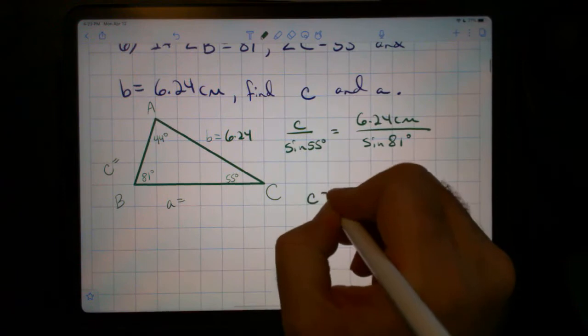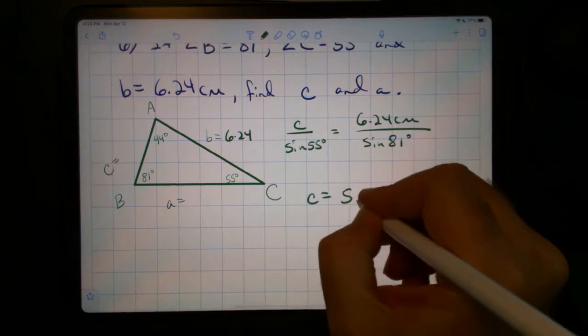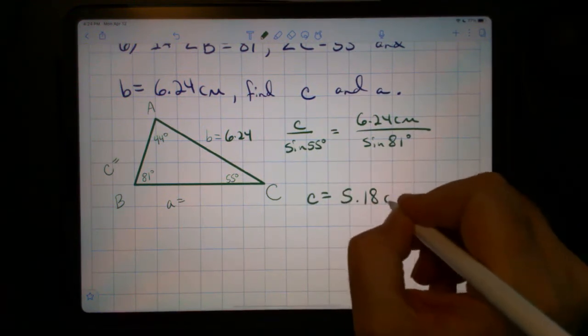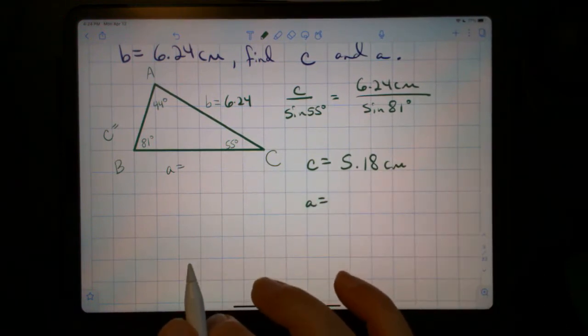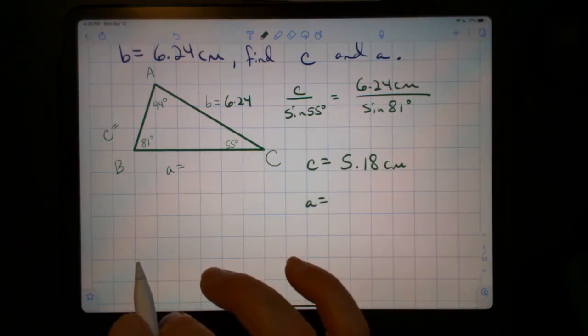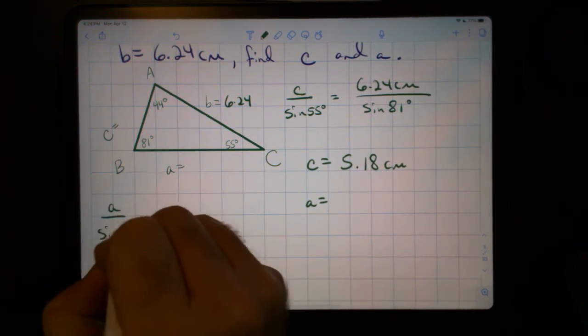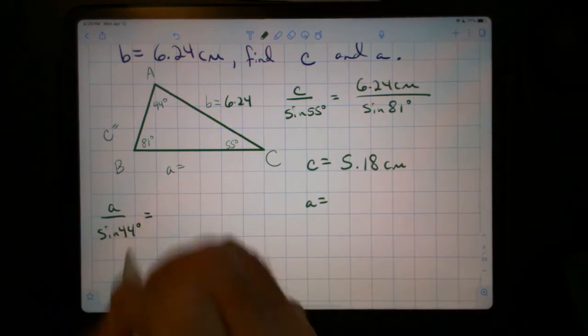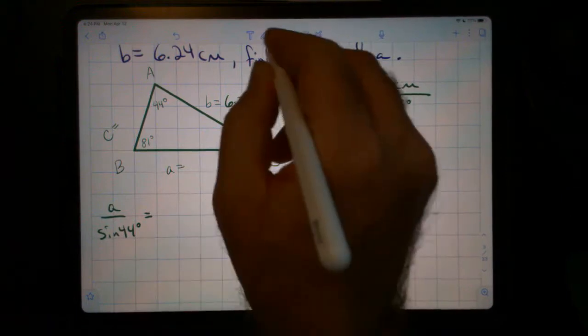So this tells us that c is equal to 5.18 centimeters, and a is equal to, well, let's go a over sine of A is equal to, and then I can go with either side. Let's go with a 6.